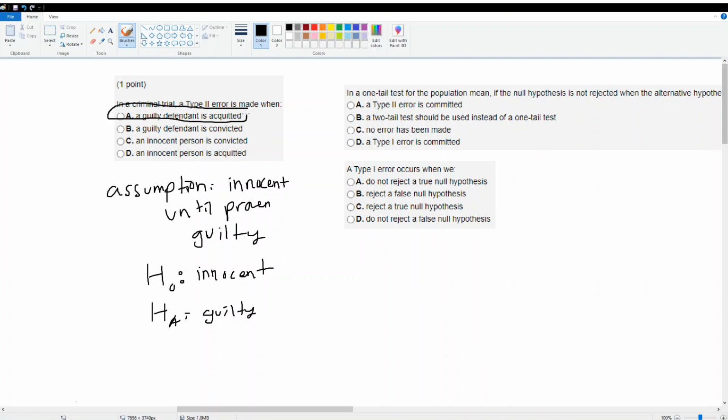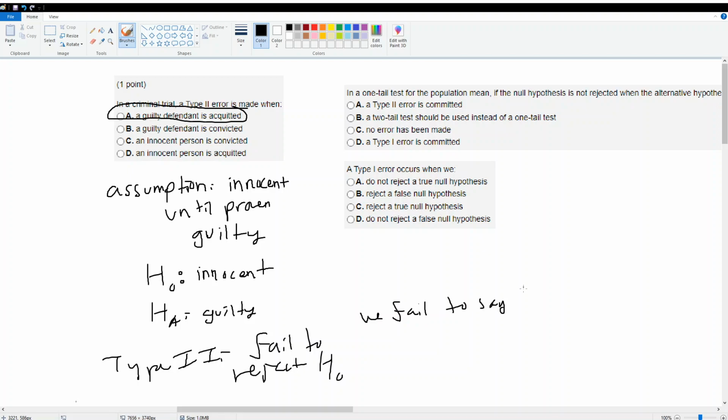That'll be A. So put it another way, type 2, fail to reject H not. We fail to say they are guilty when they are. So, a guilty person is let off the hook.